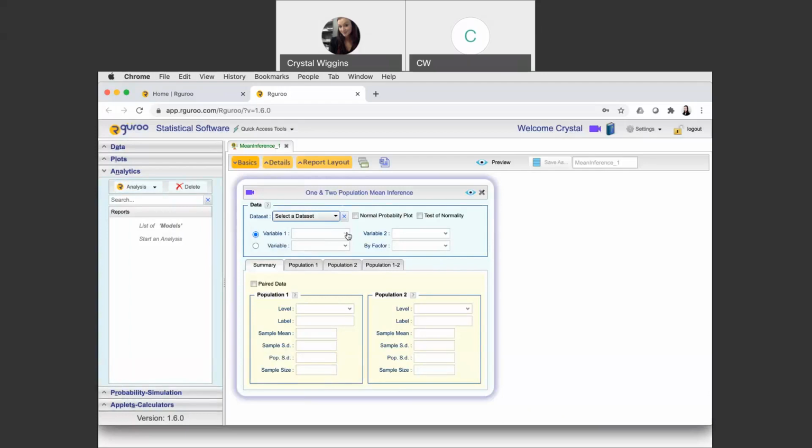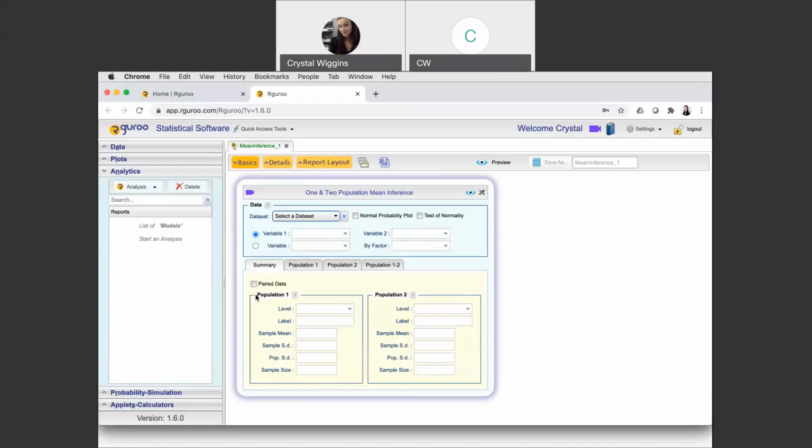Instead, we are going to have to enter the parameters and statistics ourselves. So if we come down here to the summary, this little box where it says paired data, that's for dependent samples, which we will learn about in 8.3 and 8.4. So we don't want to check that box.